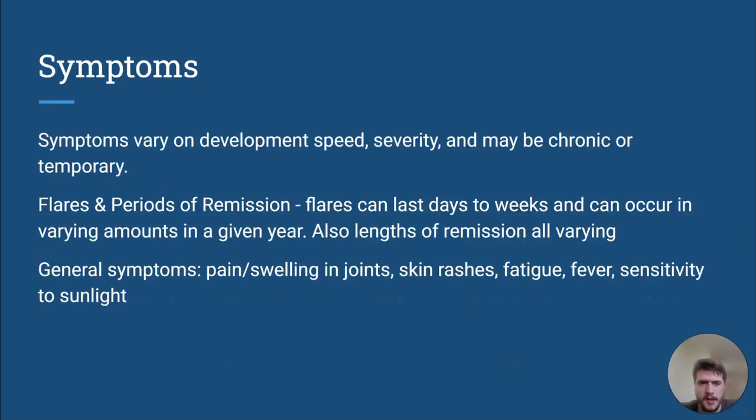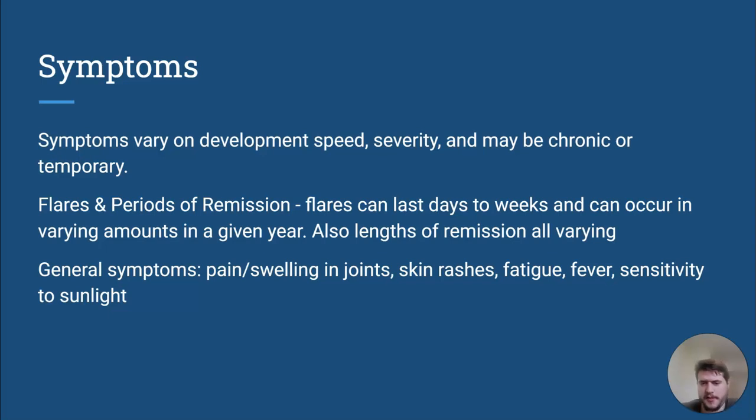So the symptoms vary on whether they appear, how fast they appear, how severe, and how long they last. It's a big thing about autoimmune disorders, these periods of flares and remission. Flares are when the symptoms appear and then get worse, and remission is when the symptoms disappear or improve.